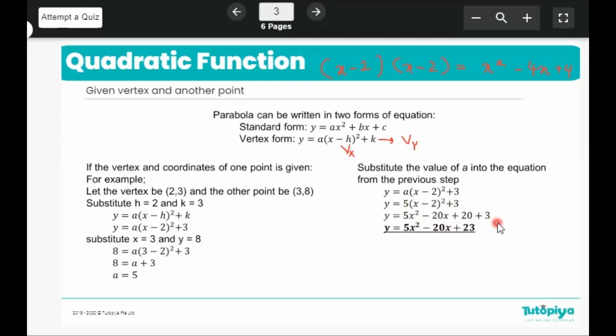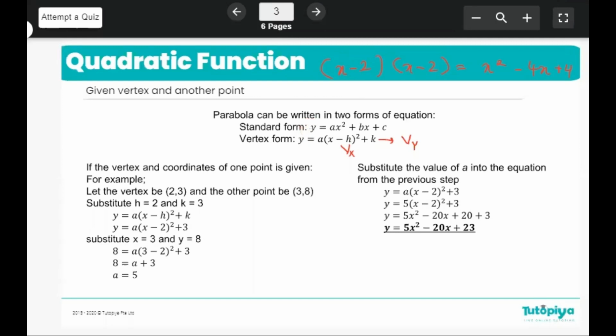And we have the plus 3 from before. Then we can collect the like terms that we have. In this case, that's 20 and 3 to give us our final equation as y equals 5x squared minus 20x plus 23. And we can see that we've gotten this equation in the form of y equals ax squared plus bx plus c, which is the standard form in which we give quadratic equations.